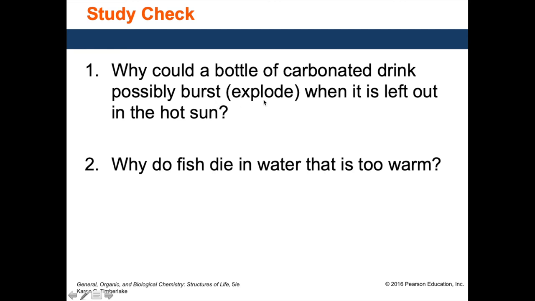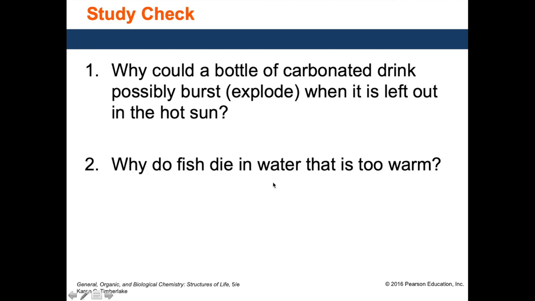So basically, your carbon dioxide starts leaving solution into the gas phase as you warm up the bottle. Okay, so the exploding part here is because the gaseous carbon dioxide is still trapped in the bottle, and that gas pressure keeps on increasing, and that might cause the bottle to explode.